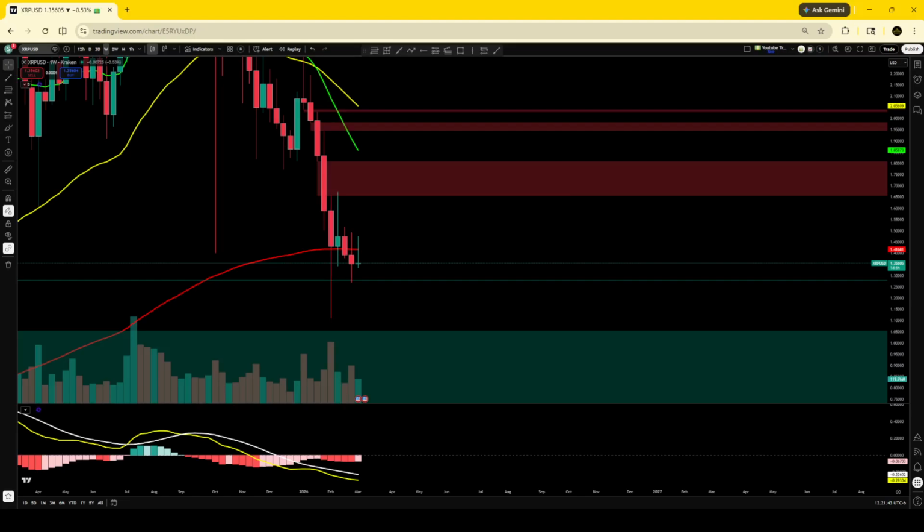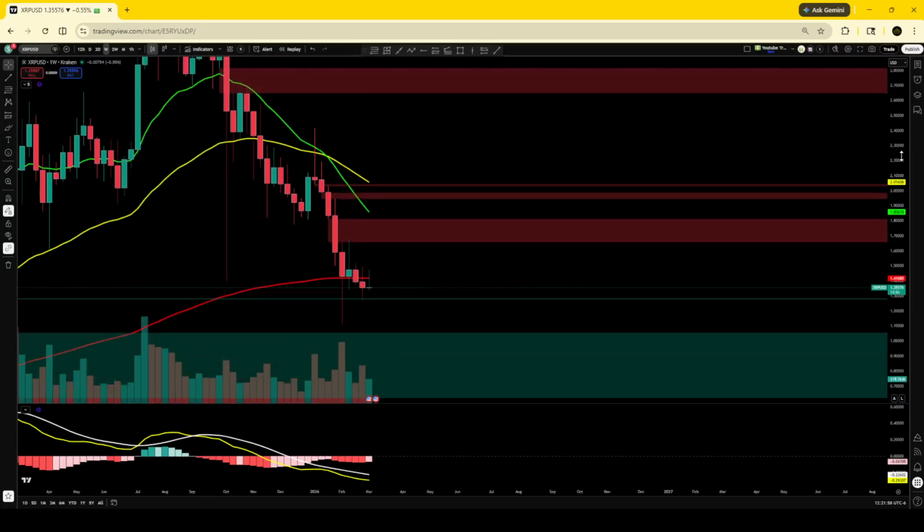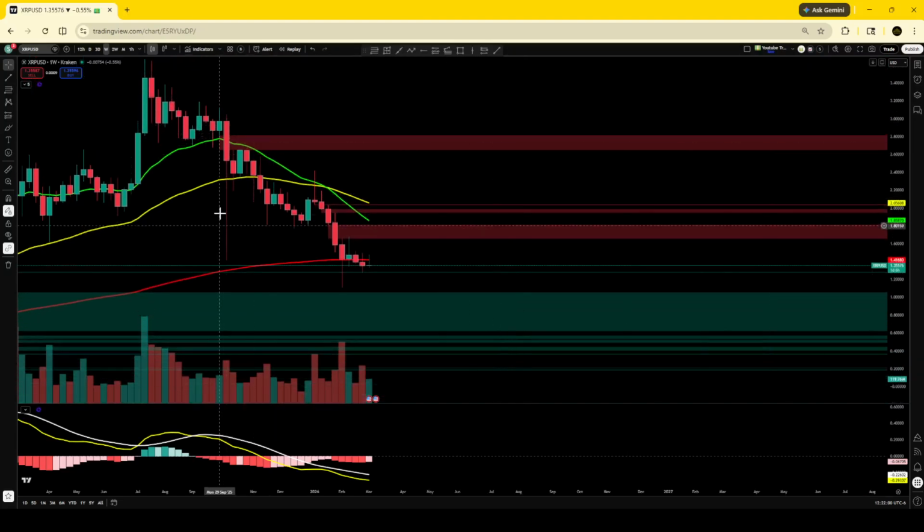If a candle shows a long wick rejection, it may signal strong opposition in that area. I'm going to pause right there and show you something like that on the weekly. Well, this is the weekly. This is a strong rejection. Strong rejection right there. So understanding candles helps you see the behavior of the market, not just the price.